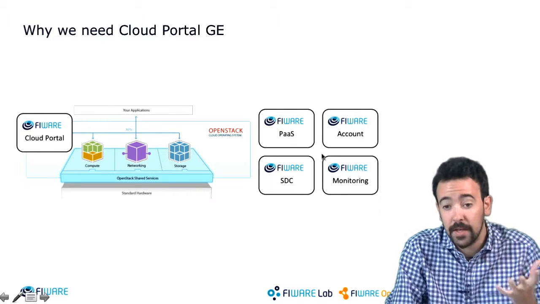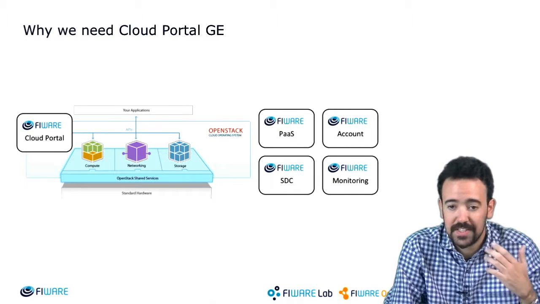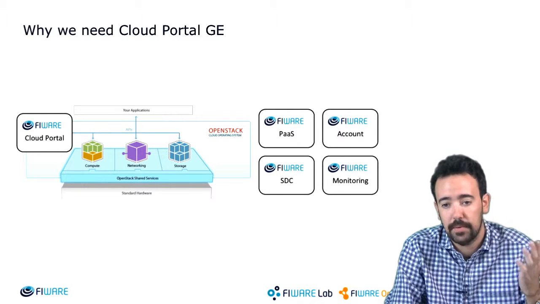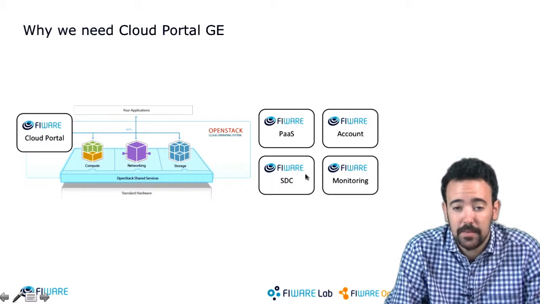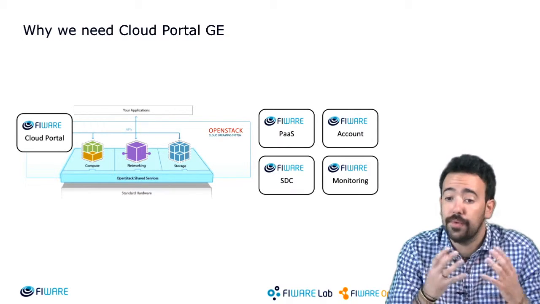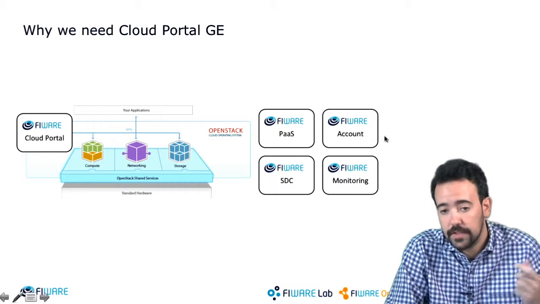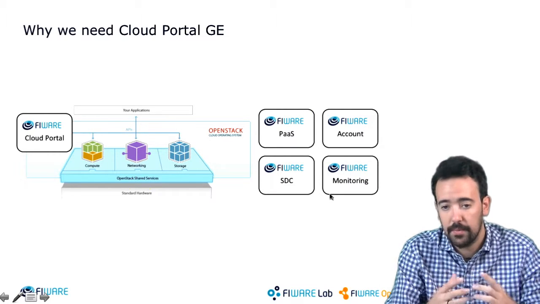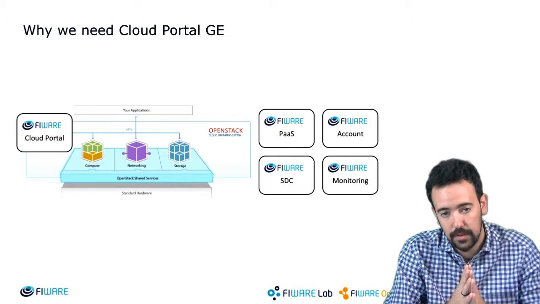We are providing KeyRock, a generic enabler that offers some extensions apart from the main functionalities of the identity provider that OpenStack provides. We also provide the SDC component that is in charge of installing and configuring products inside the virtual machines. And we also provide a monitoring component that is in charge of getting information from the running virtual machines in order to display it to the users.